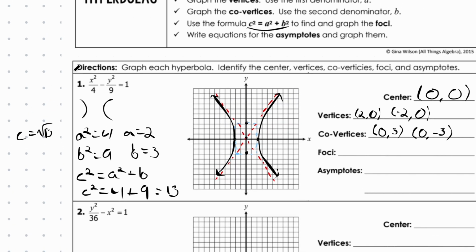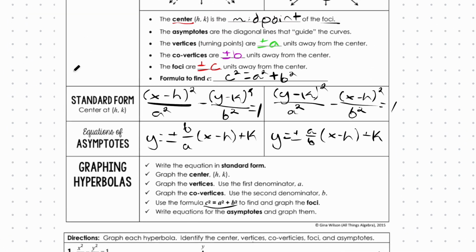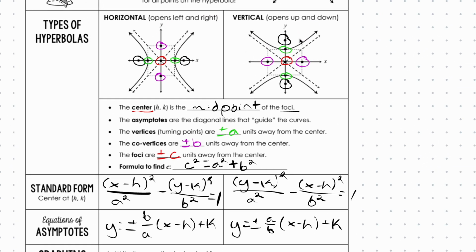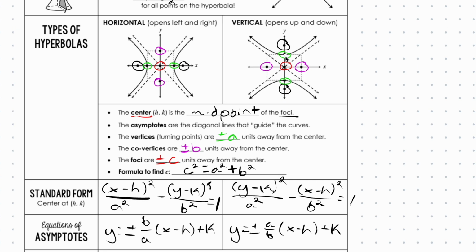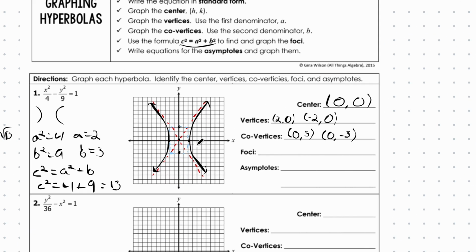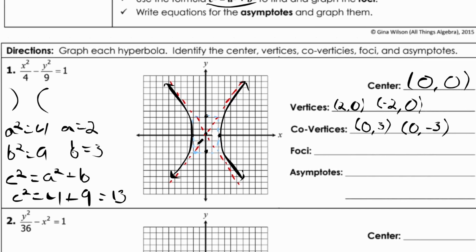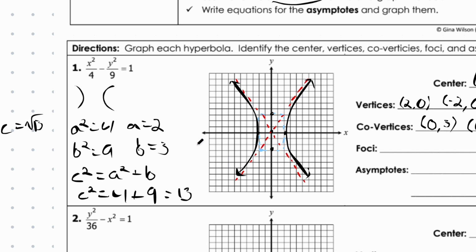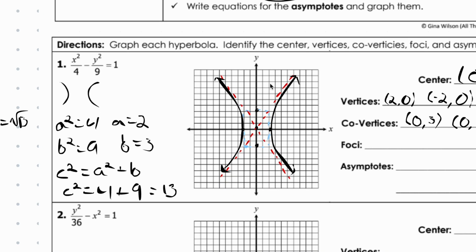And our foci, if we look up here, are going to be inside the curves. Up here, our foci are going to be plus or minus C units away. And so that means they're going to be sort of nudged inside this curve. √13 is going to be a little bit less than 4, but greater than 3.